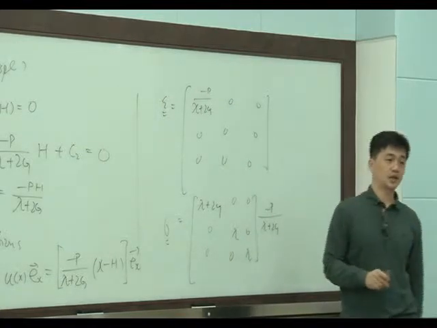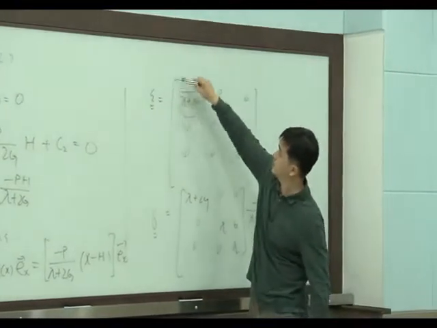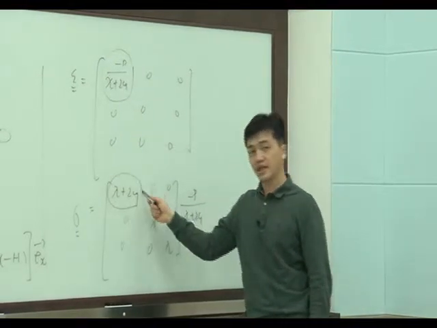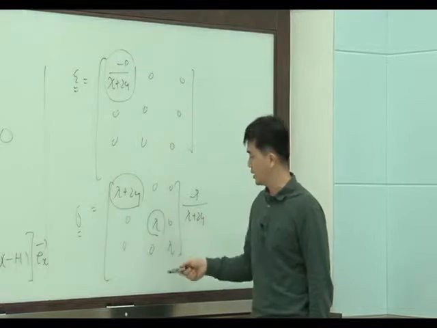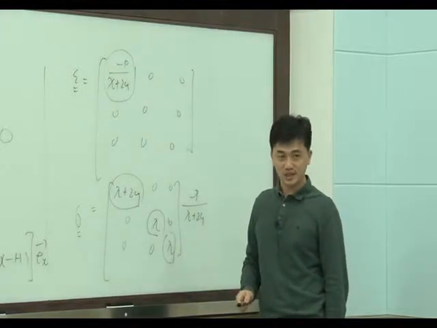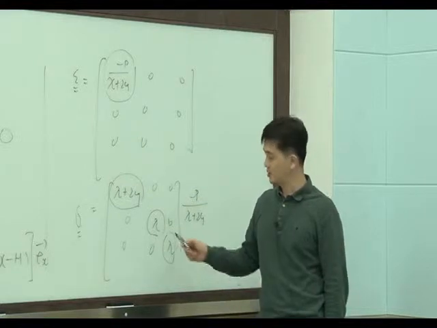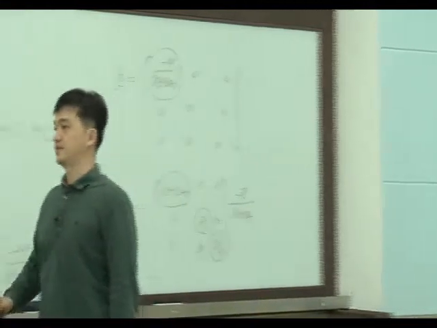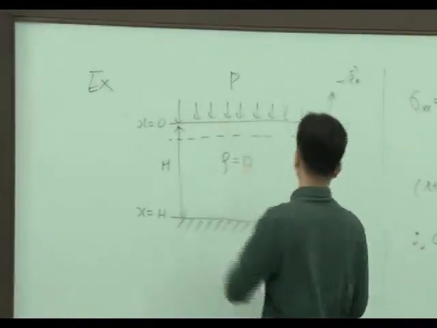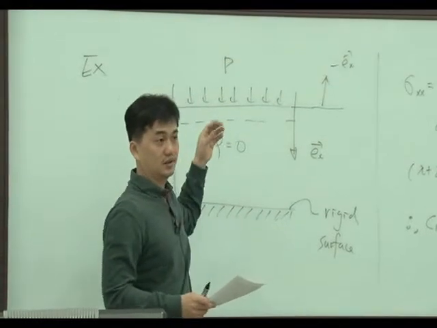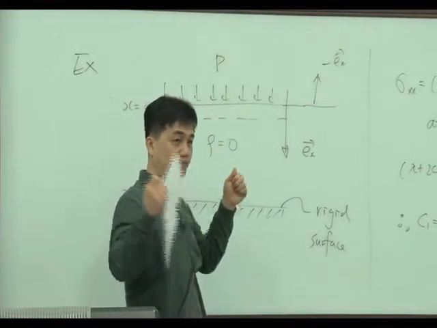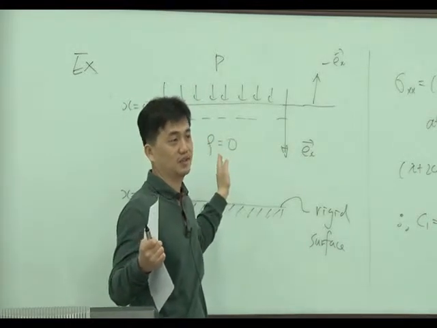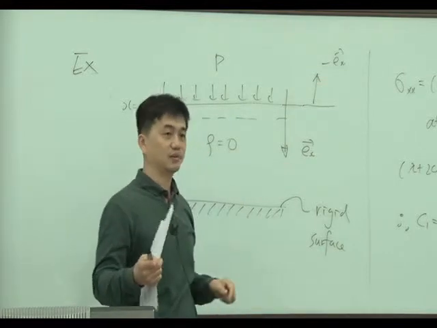If we look at the strain, we have only component strain XX. But if we look at the stress, we have stress XX, YY, ZZ, because of the Poisson effect. This medium wanted to expand in Y and Z direction, but cannot expand. Due to this, we have stress YY, ZZ.